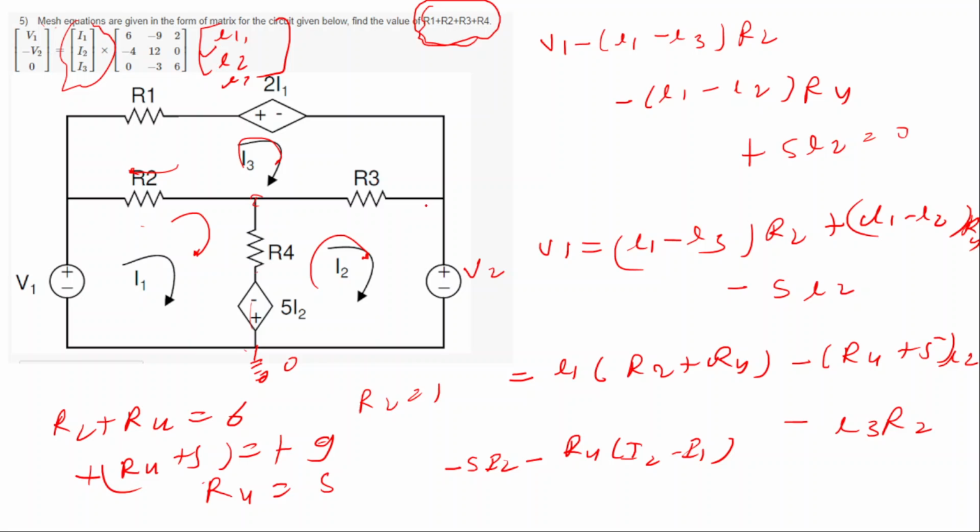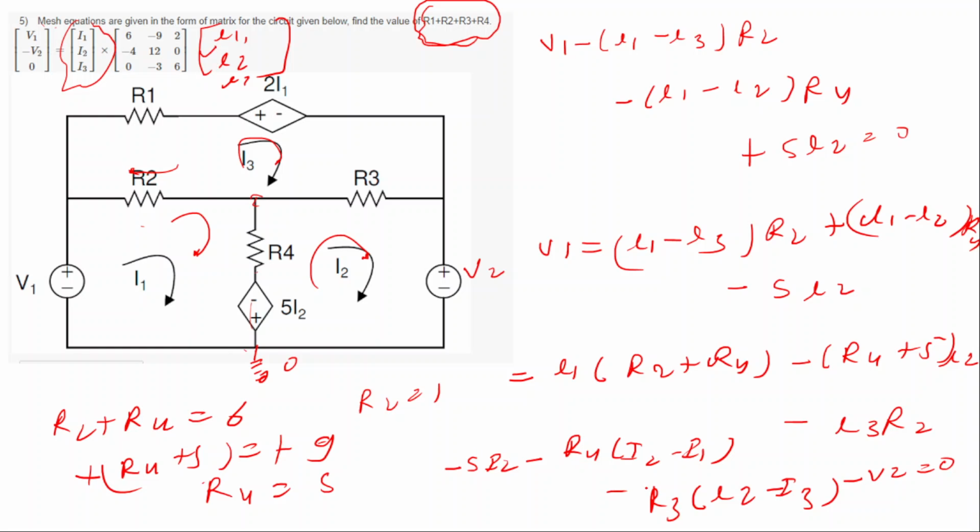Minus this equation we move, so minus R3 times I2 minus I3, minus V2. So minus V2 equals 0.